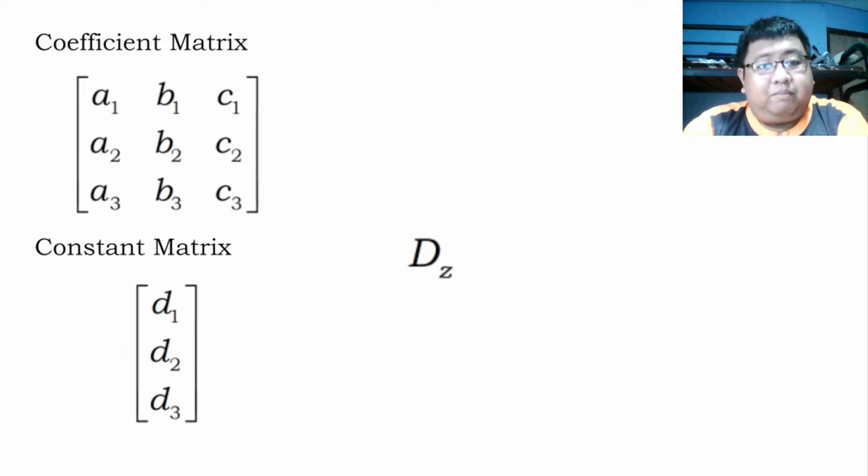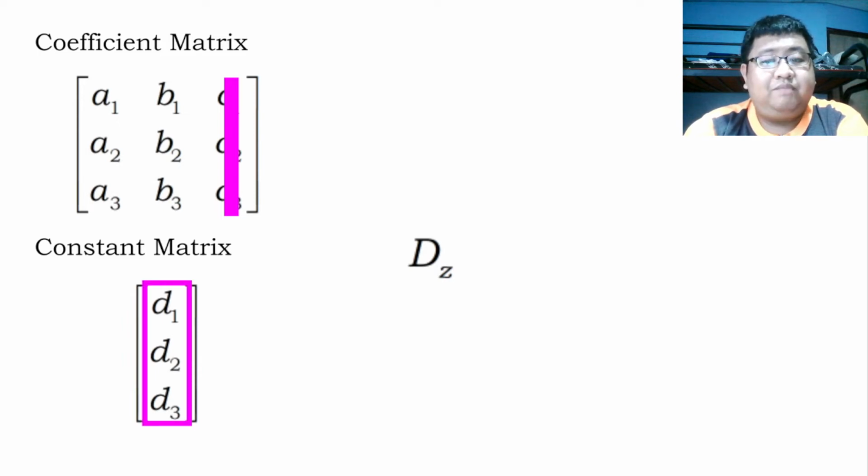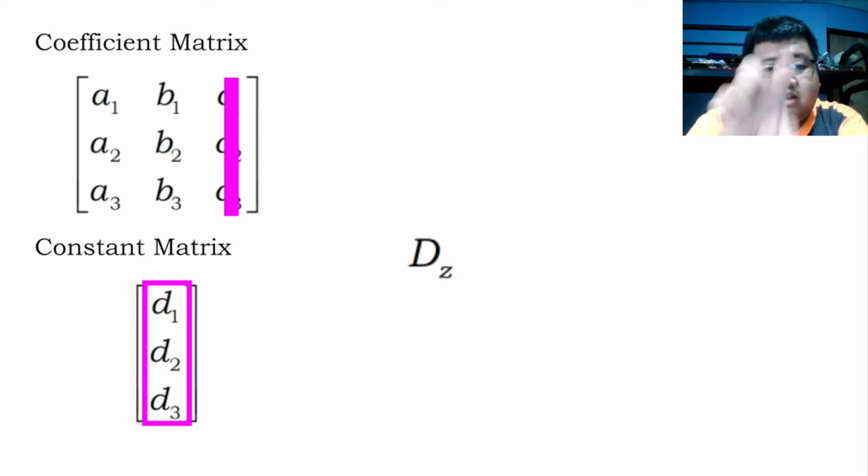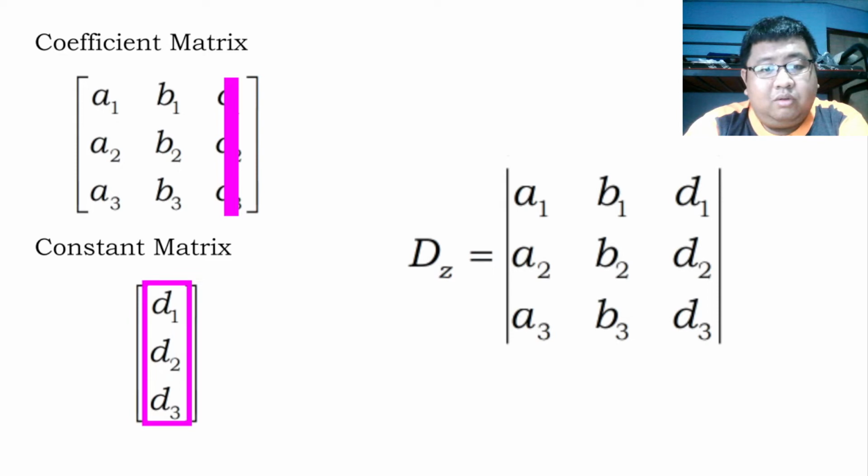You're going to replace the third column this time. You're going to replace the C's with the D's again. So you will notice how the constant matrix replaces every column for the other determinants. So for dz, the A column is still there, the B column is still there, but the C column has now been replaced with the D column.